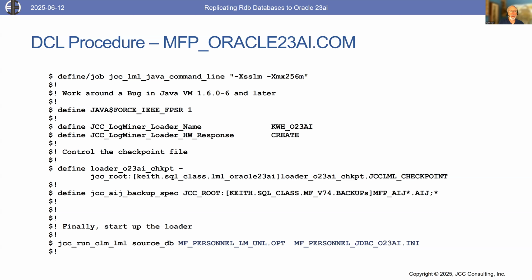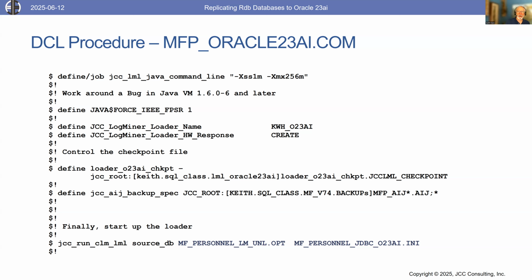So this is what it might look like. We're defining the loader name, and this is inventively called KWH_O23AI. We're going to tell it what to do with the high water file, and I'll come back to that in a bit. It has to do with restarts. We're going to define a checkpoint file so I know where it is.